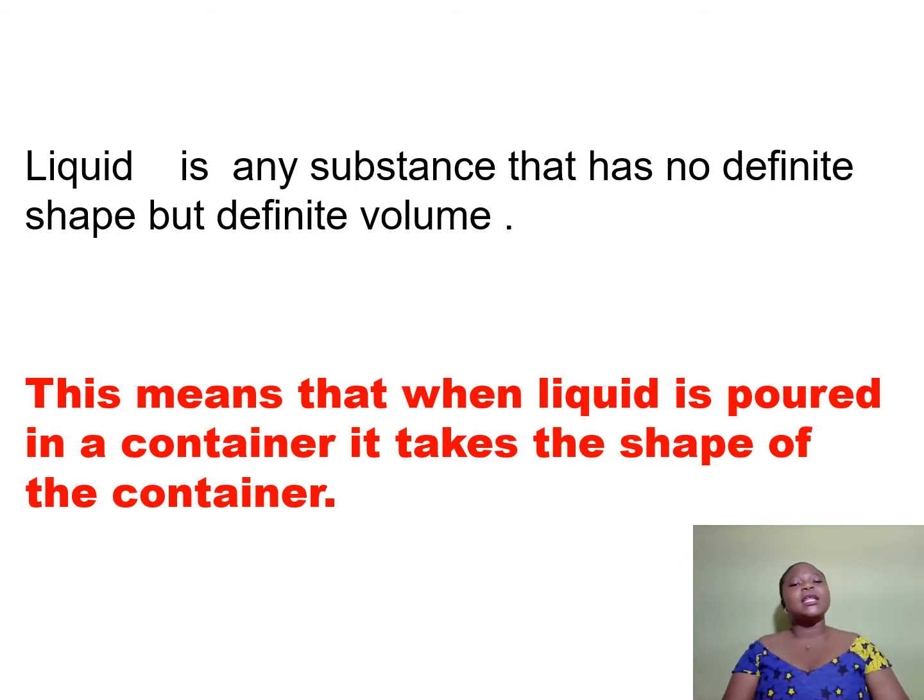Good. So liquid is any substance that has no definite shape but definite volume. We are coming to the second one, that is liquid. Liquid is any substance that has no definite shape but definite volume. Good.